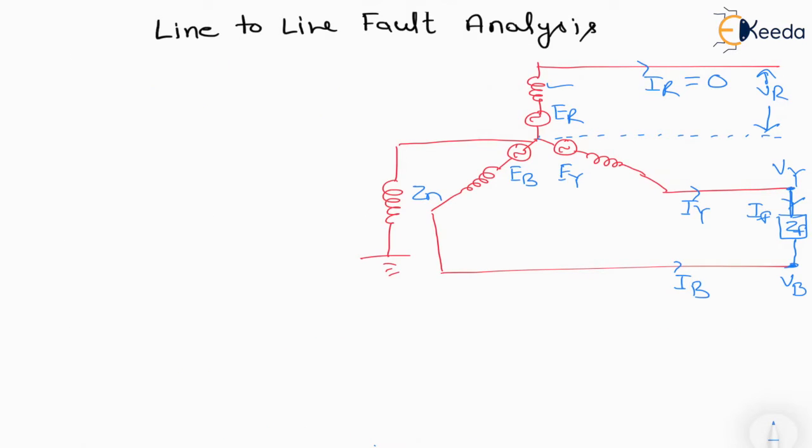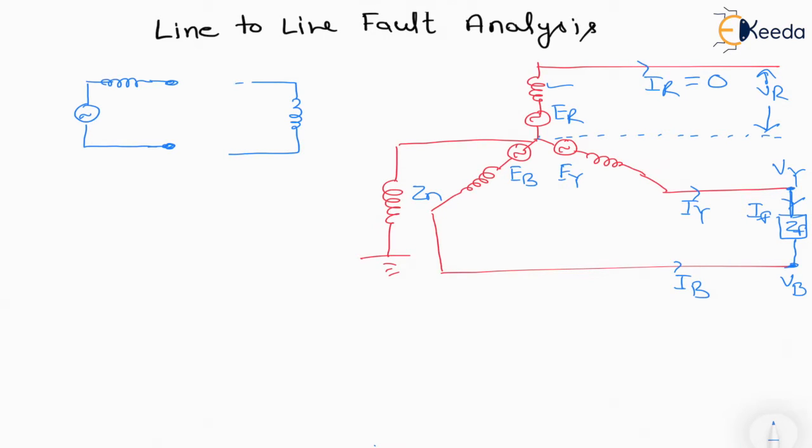I'm not going to do the calculation to find out VR, VY and VB, but I will give you the shortcut method through a circuit. So draw the positive sequence network of the generator and the negative sequence network of the generator.